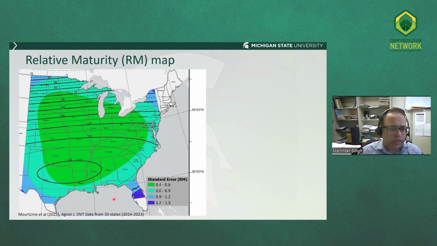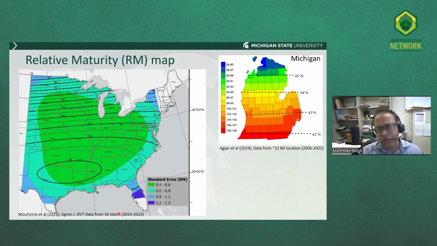And you can see the spread in maturities here, all the way from mid 80s, early 90s in the north, all the way to late 100s in the south, right? We have done something similar for Michigan as well. Here you can see data from our corn hybrid testing program from about 15 years or so. You can see a nice latitudinal gradient going from north to south in terms of the optimal relative maturities, right?